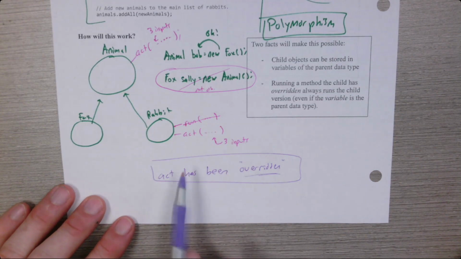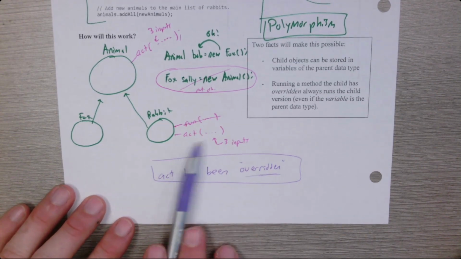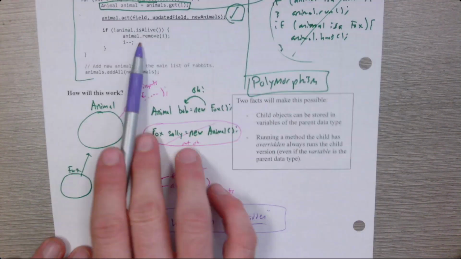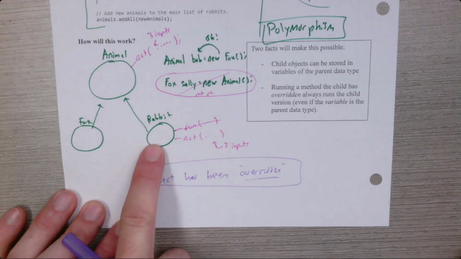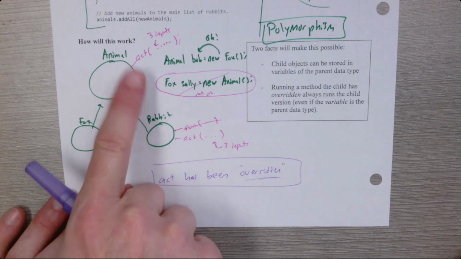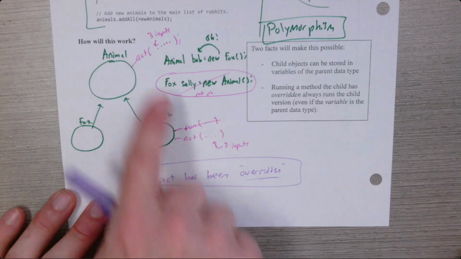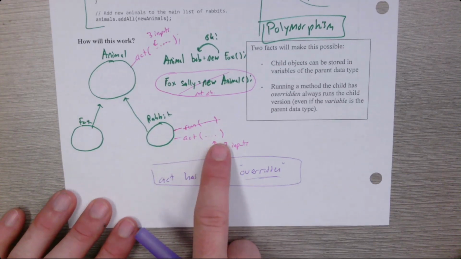The question is, whoa, hold on, the run method had 2 inputs, so shouldn't act have 2 inputs? So here's a subtlety. In order for the code up here to work, the rabbit class has to override the parent method. But just because they're both called act doesn't mean it's overriding it. They have to have the same name, and they also have to take the same inputs in the same order.